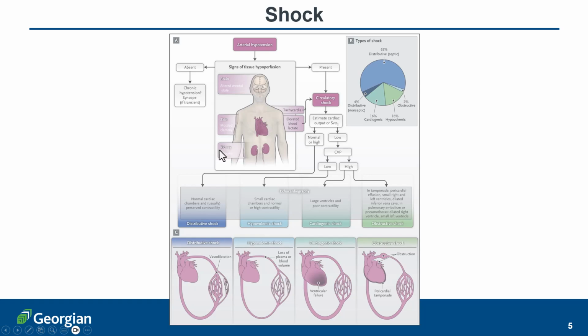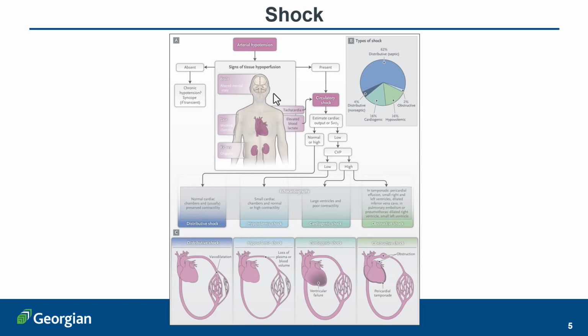But in cases of severe arterial hypotension, blood flow to the kidneys will also be reduced. Consequently, oliguria is a key clinical manifestation. We already mentioned the presence of elevated blood lactate levels because the body is going to rely more and more on anaerobic respiration. Tachycardia is a compensatory response. So again, if you go back to the equation, blood pressure equals cardiac output times total peripheral resistance.